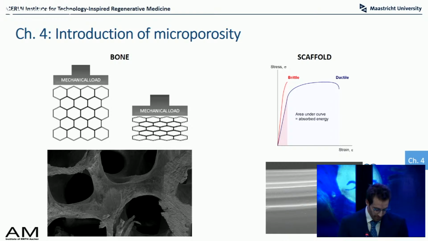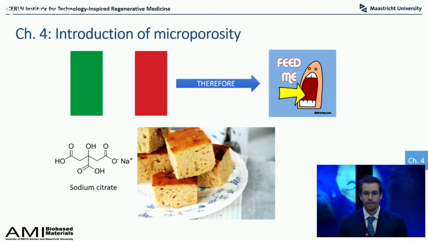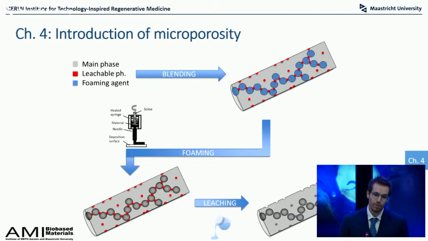Then, considering that I'm Italian, when developing the strategy to solve this issue, the idea came from food, in particular from cakes. We use sodium bicarbonate, commonly known as baking soda, to mix it with our main polymer, together also with a water leachable agent.